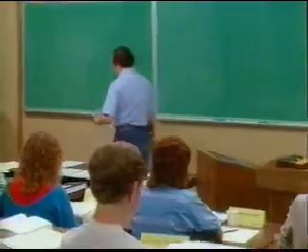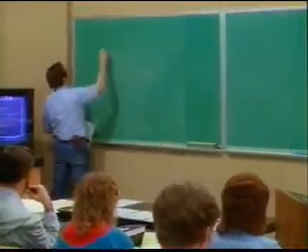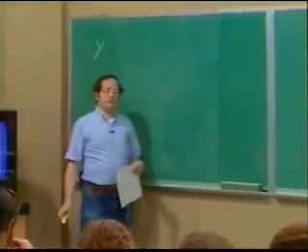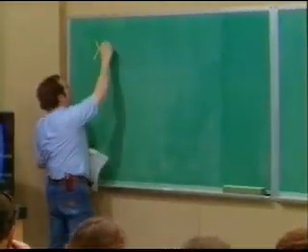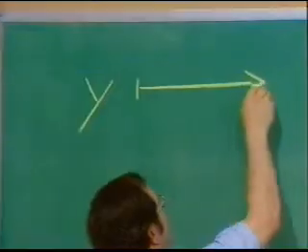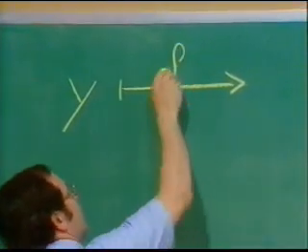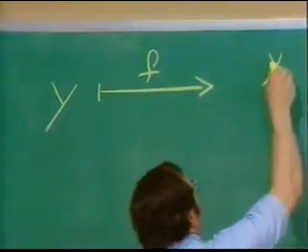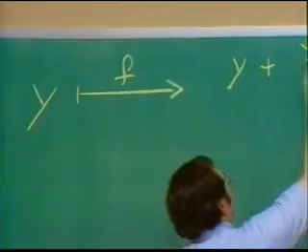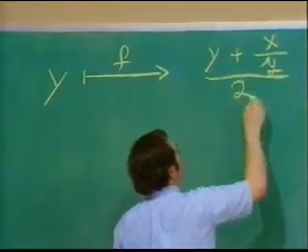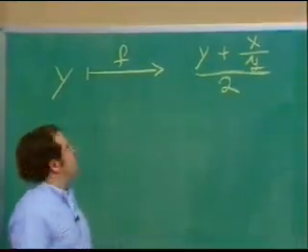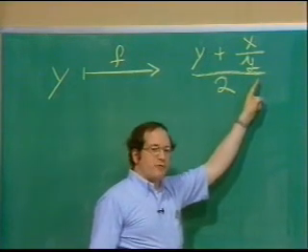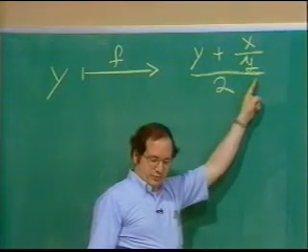Now, what we have mathematically is a procedure for improving a guess for square roots. If y is a guess for a square root, then what we want to get, we'll call a function f. This is the means of improvement. I want to get (y + x/y)/2. It's the average of y and x divided by y as the improved value for the square root of x.